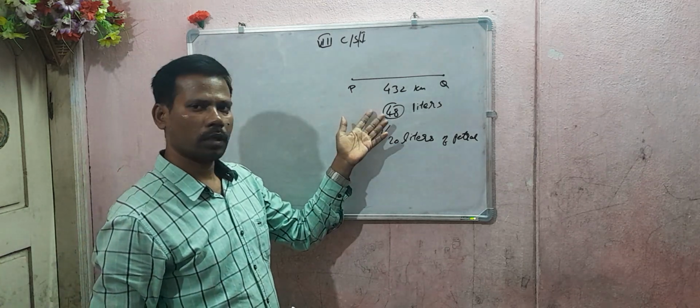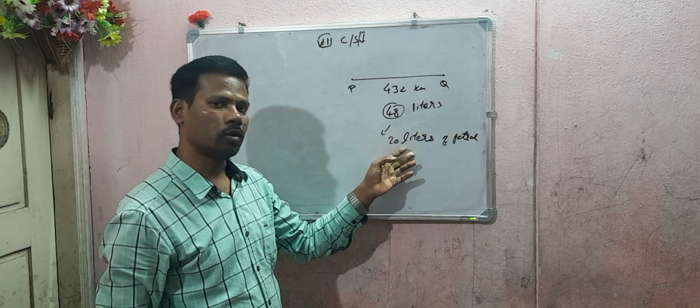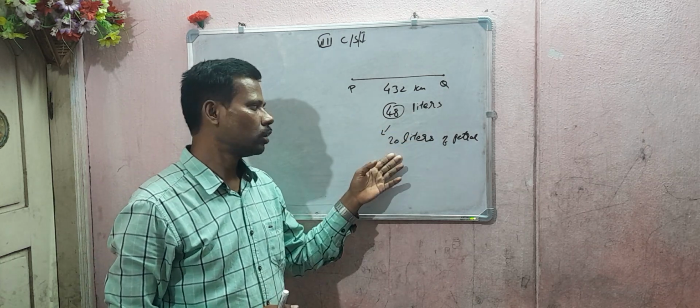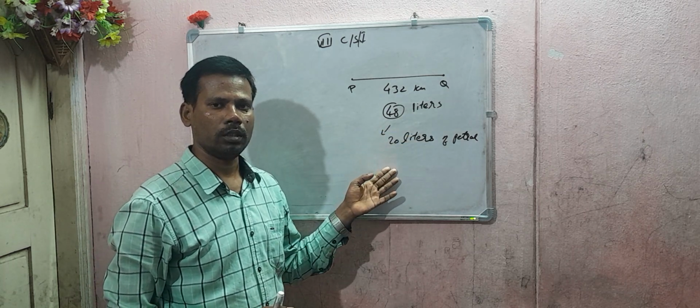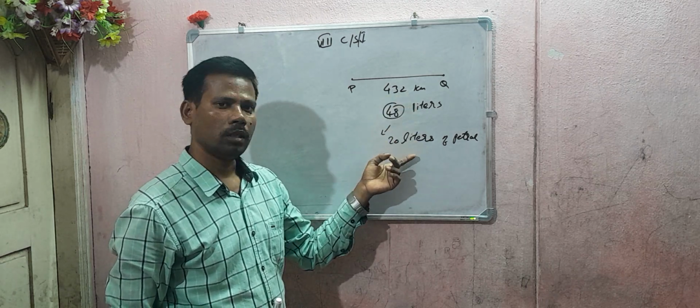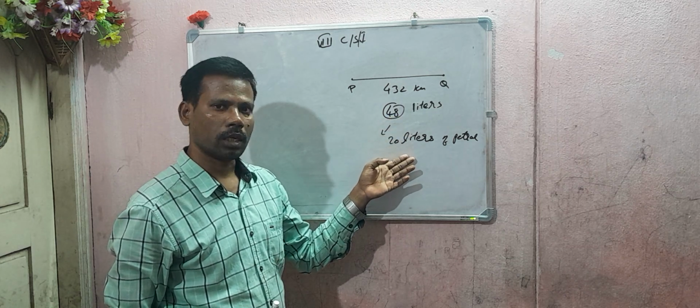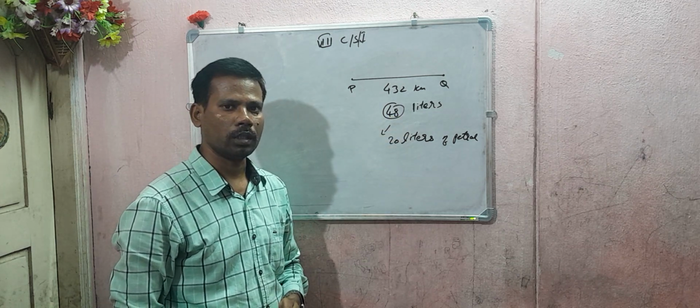Say you are traveling in a car, 48 liters is required, but only 20 liters of petrol is there. Your father did not notice, maybe he was busy. He thought that 48 liters of petrol is there in the car, but only 20 liters is there.